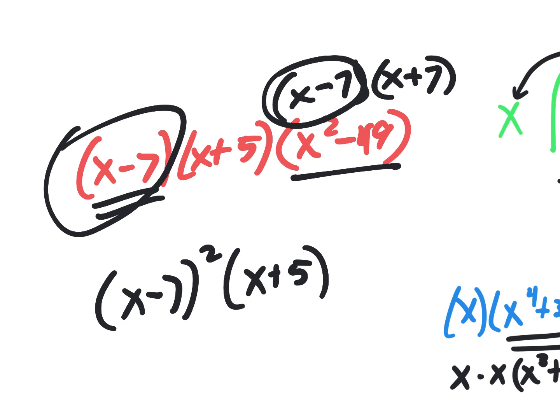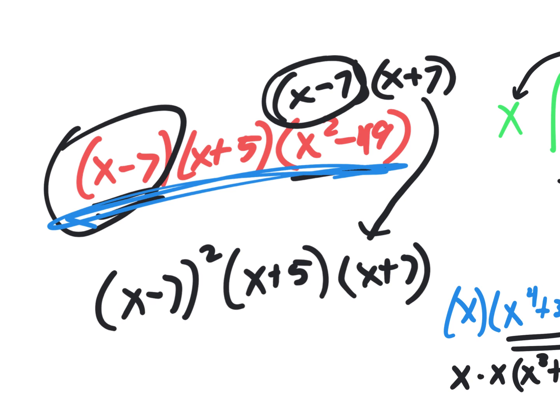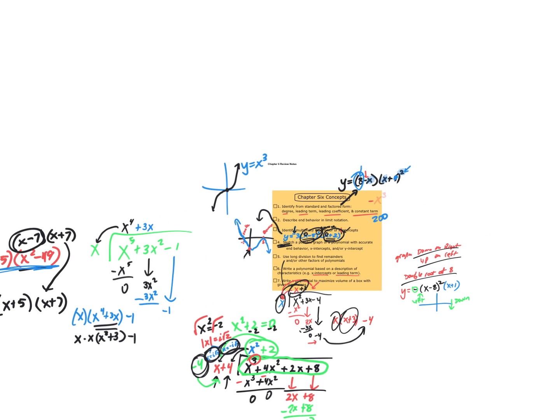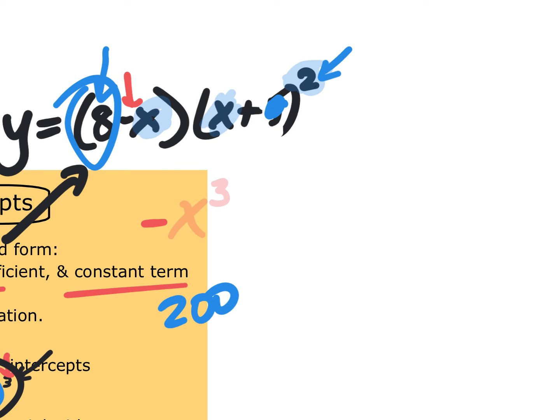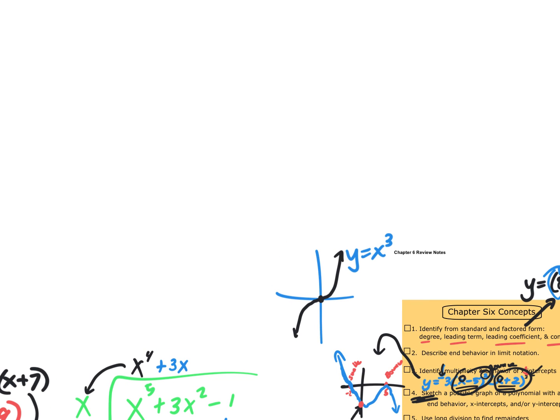And then that x plus 7 goes down here. So bottom line, you should factor your stuff all the way out. Yeah, we did do one like that with a negative inside it.